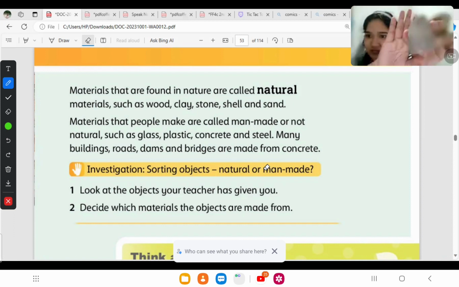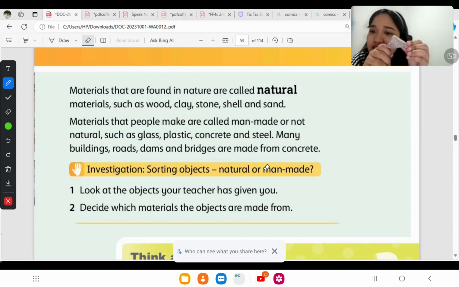Oh, it's a rock. It's real dirty. It's not dirty, I already washed it. I think I got it in the lake. How did you get it?